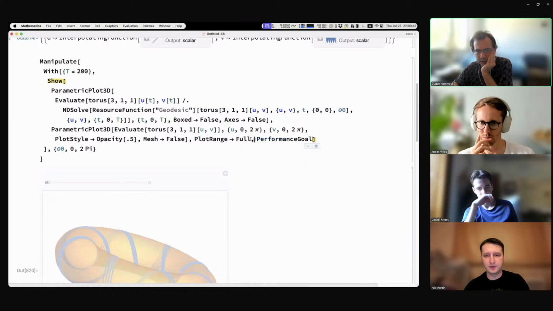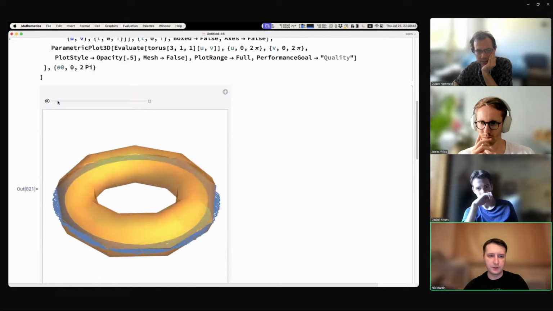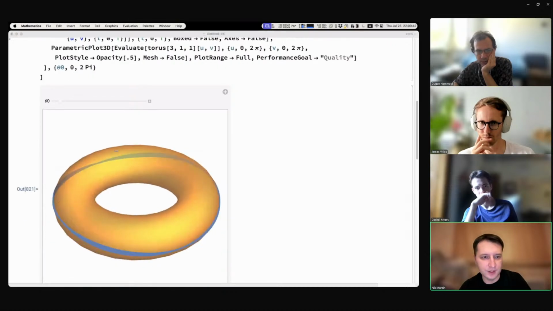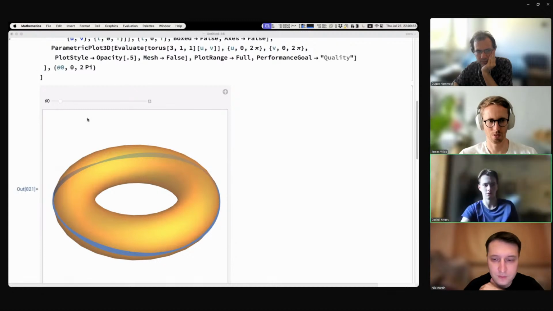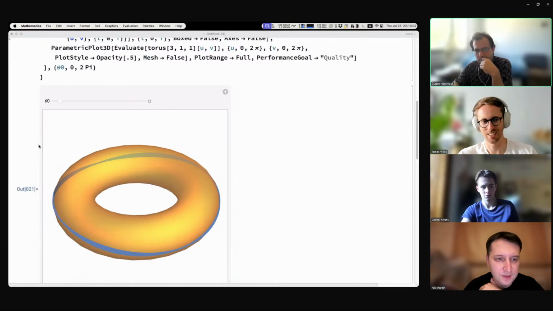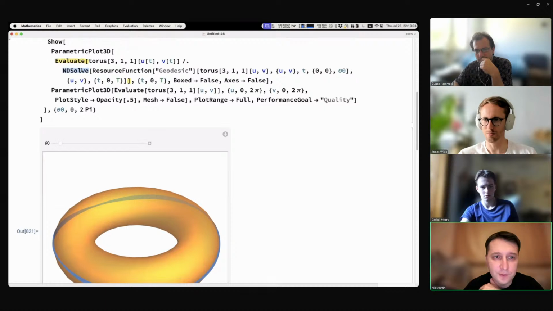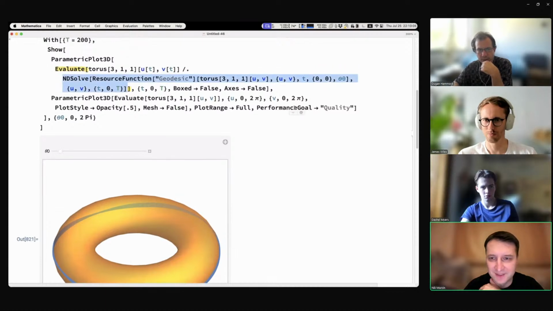Try, maybe. Those quality. No, still doing that. I remember there's a way. But to draw it, export them as like GIF or something. No, put the performance goal inside the NDSolve. Well, NDSolve is always exact, I think, right?